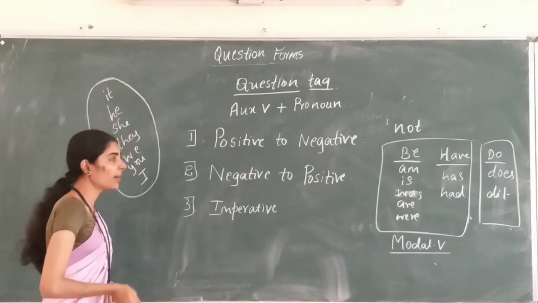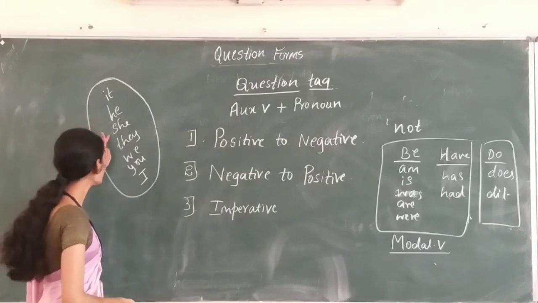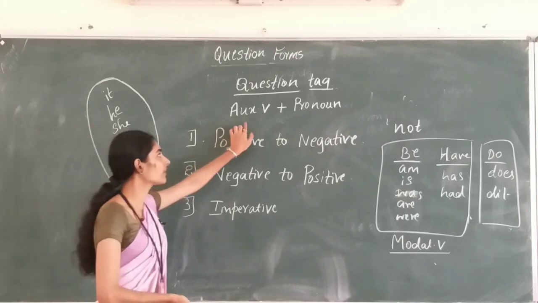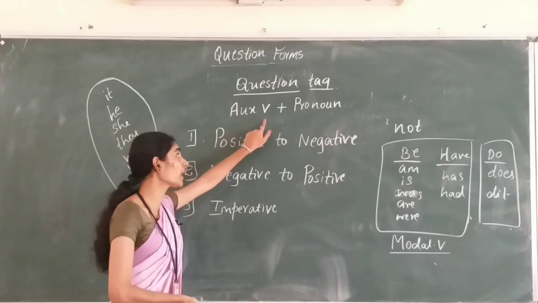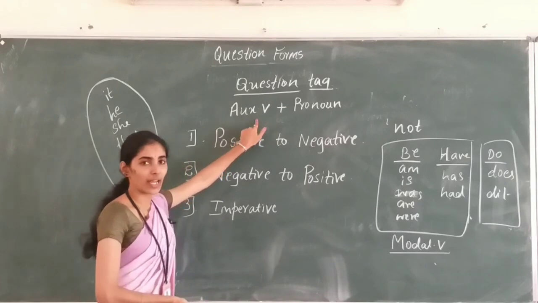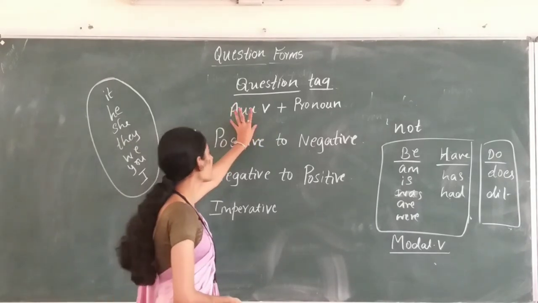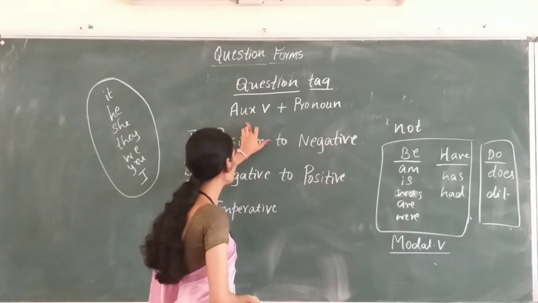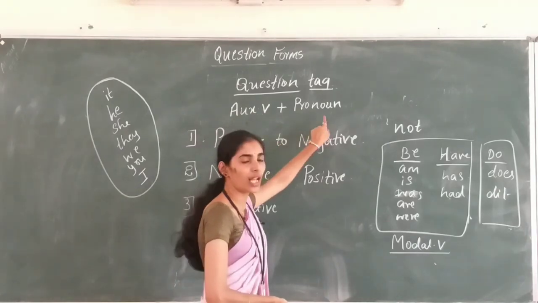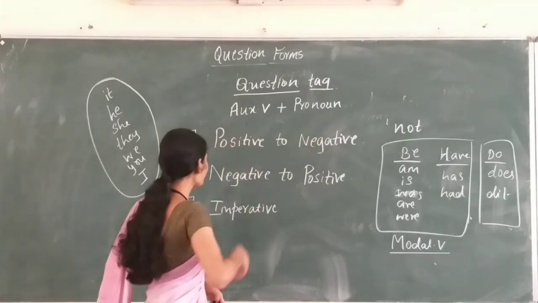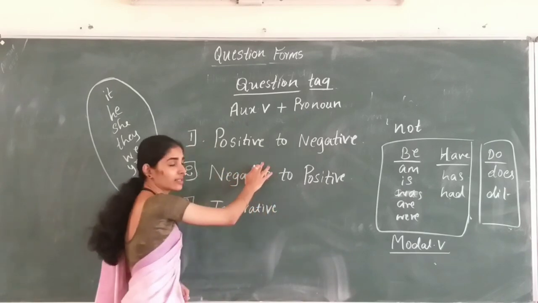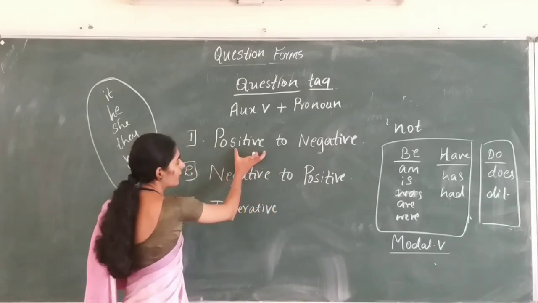Remember, we use these pronouns after the auxiliary verb. This is how we frame question tags. So this is the structure of a question tag: auxiliary verb plus the personal pronoun which is given in the sentence.